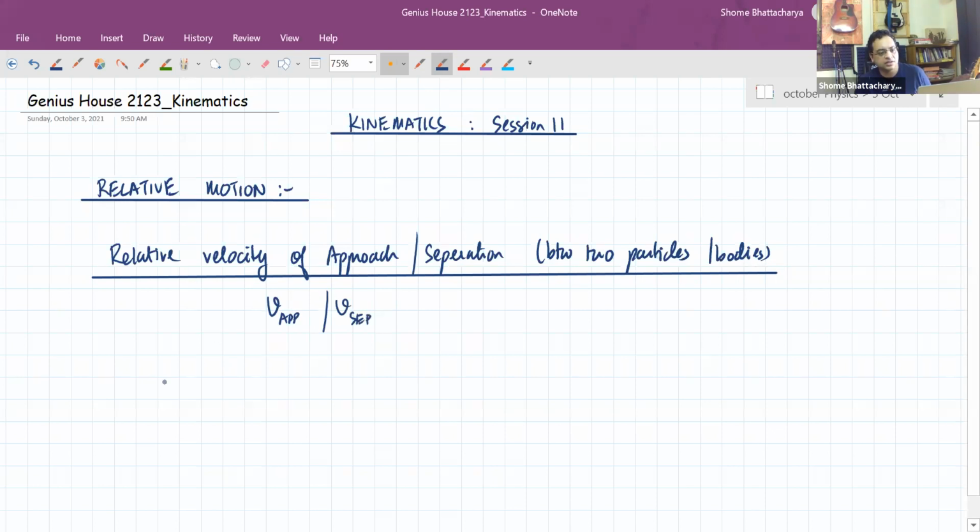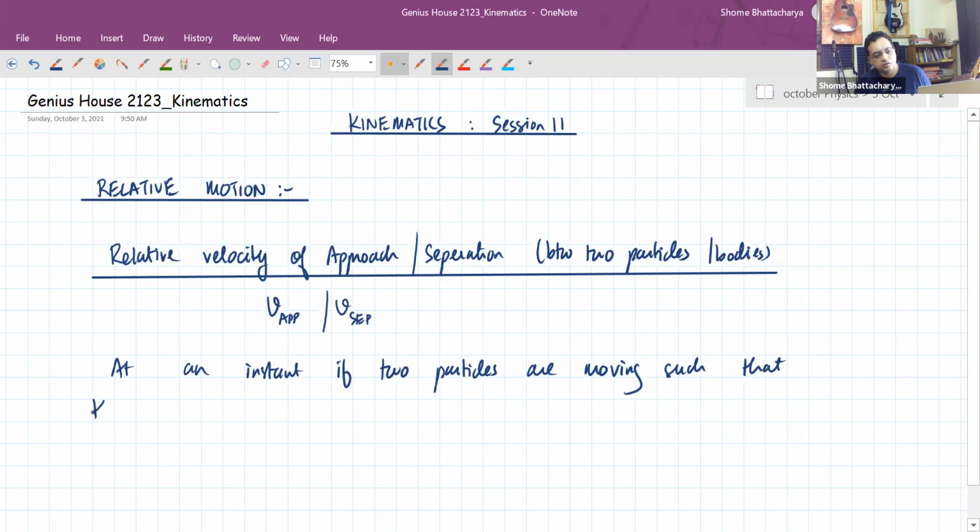The definition of this is that at any given instant, if two particles are moving such that the instantaneous distance between them is either increasing or decreasing. So if it is decreasing, then we say that they have an approach velocity.